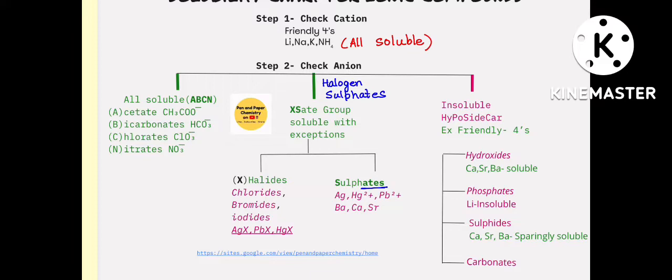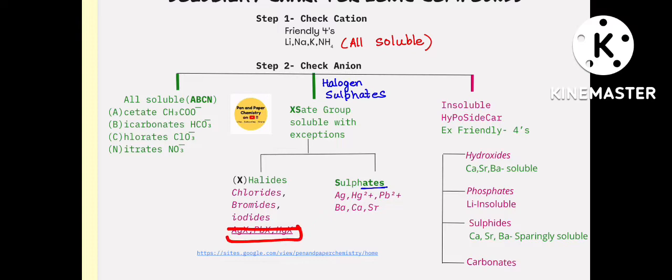That means the halides and the sulfates are generally soluble, but there are exceptions. What are the exceptions in the case of halides? Chlorides, bromides, iodides. Out of these, silver halide, lead halide and mercuric halides are insoluble, right? These are not soluble in water.